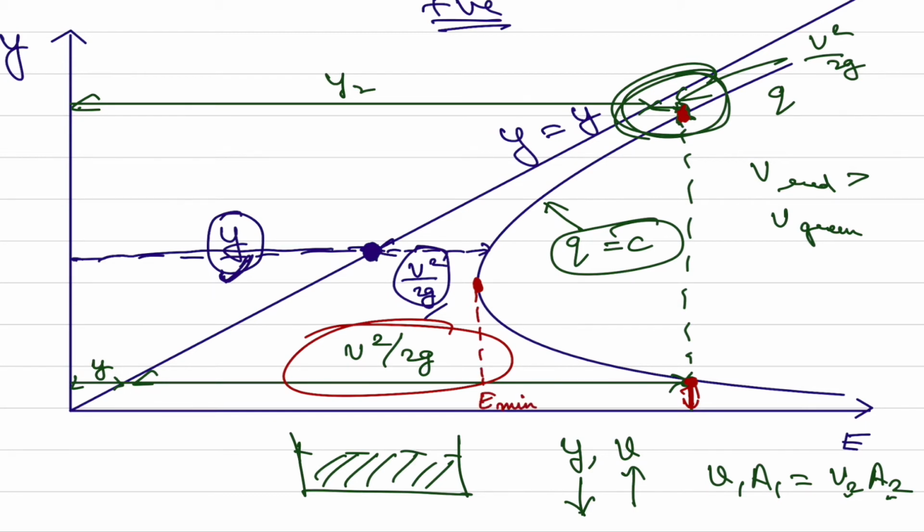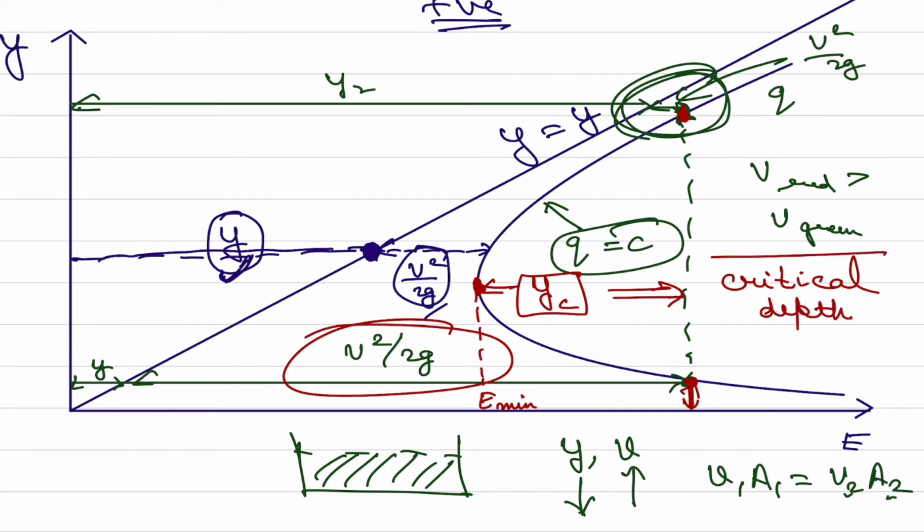This is E minimum, and there is only one unique height associated with it. We call this unique point the critical point, and the depth corresponding to it is known as the critical depth.